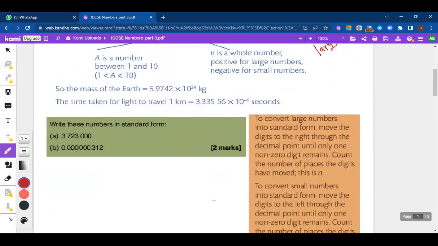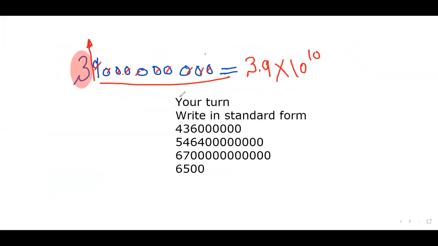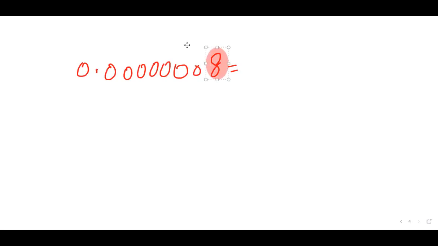Guys, let's deal with the very small numbers, okay? Write in standard form like here. Well, we're going to do the same. We choose 8. And then you write 8 times 10.